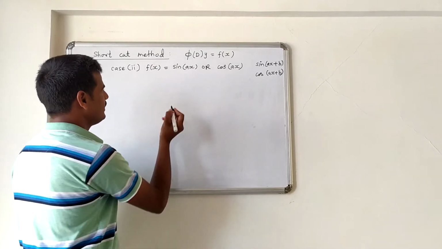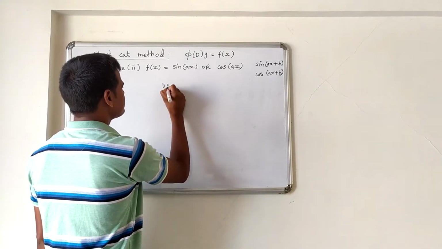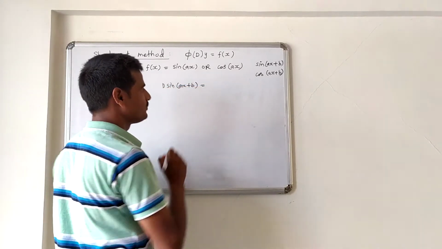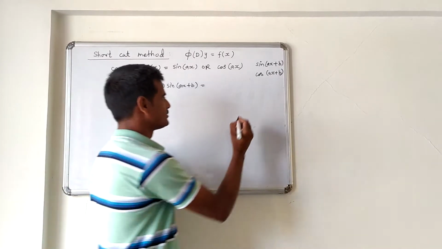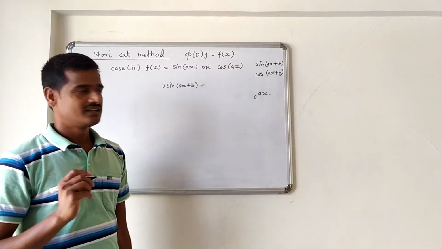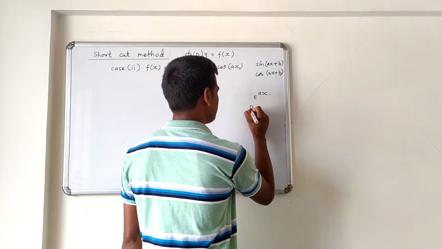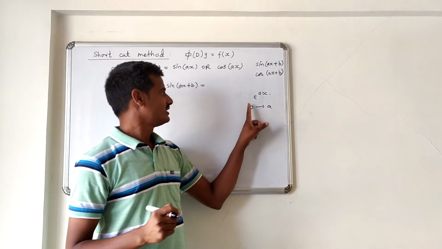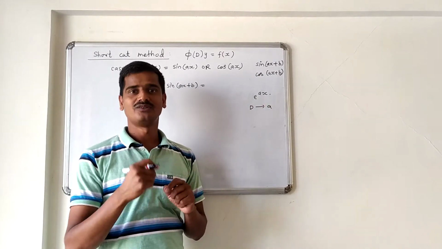Now first of all tell me, what is the derivative of sine of ax? In the earlier case, in the exponential case e to the power ax, what was our decision? Our decision was to replace D by a. The reason is derivative of e to the power ax is a e to the power ax.